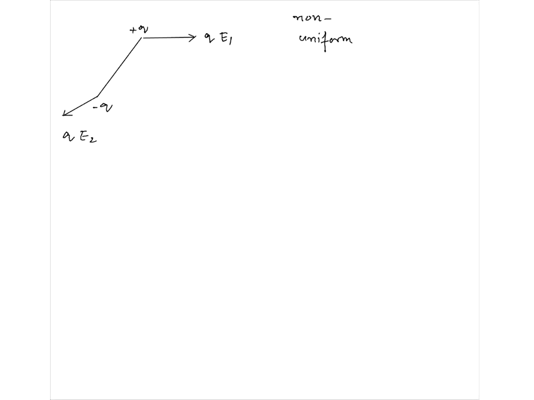That would depend on the electric field. What is its direction at various points? What is its magnitude at various points? Even if direction is same, magnitude may be different. So even if these two are parallel or anti-parallel vectors, they may not cancel each other because their magnitudes may be different. So whatever we have discussed about center of mass is valid for uniform electric field.